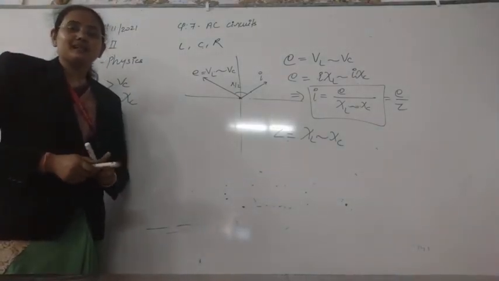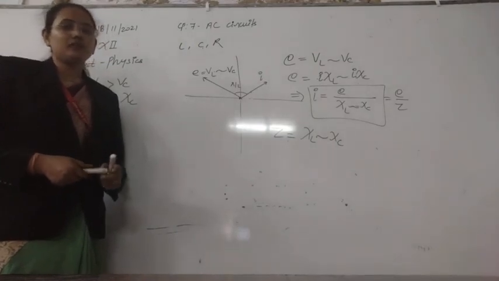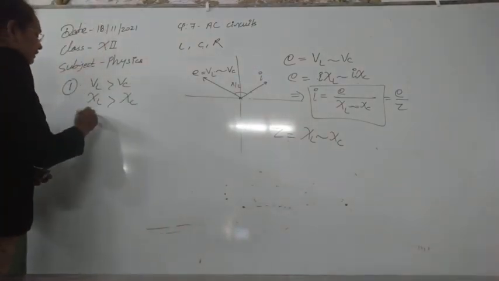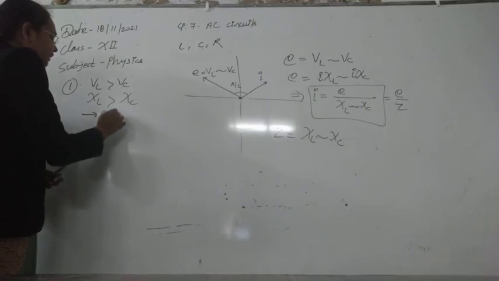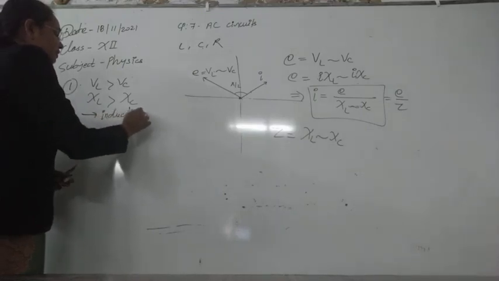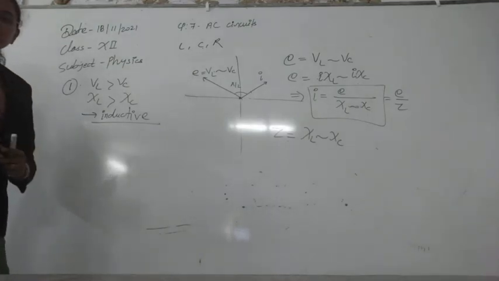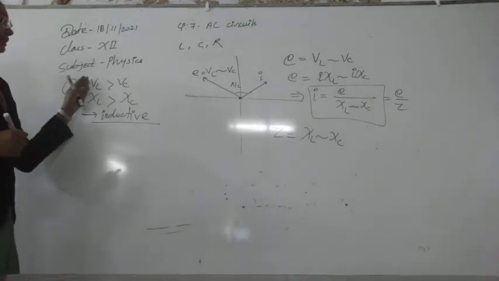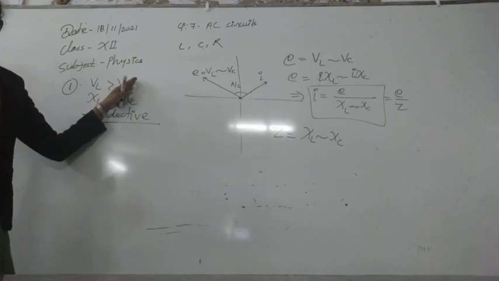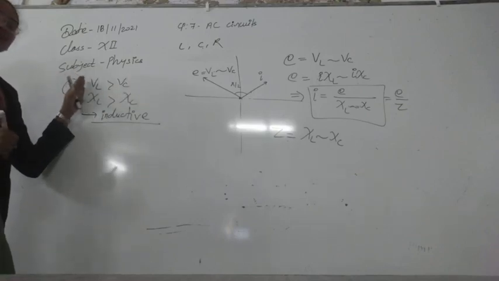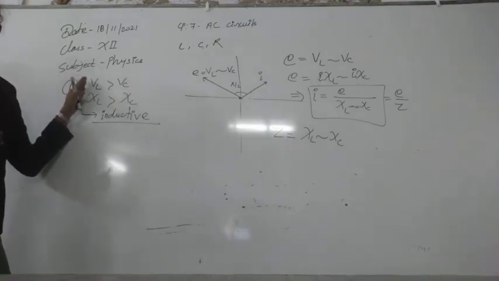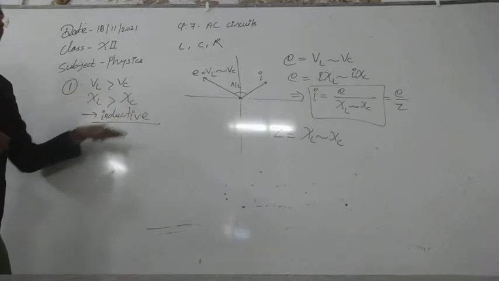If the potential is leading the current, then obviously the circuit will behave like an inductive circuit. So for this particular situation where VL is greater than VC, meaning the potential drop across the inductor is greater than the potential drop across the capacitor, the inductor will be the dominating factor and the circuit will behave like an inductive circuit.